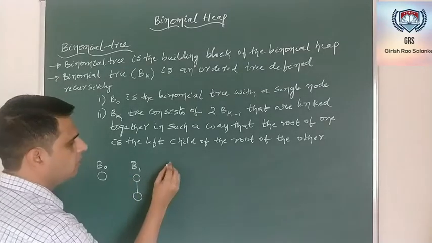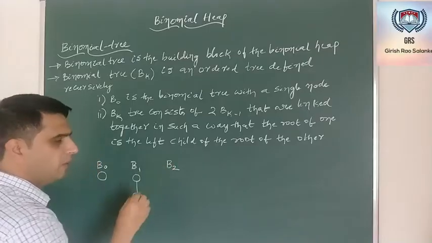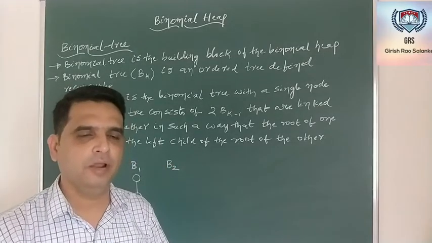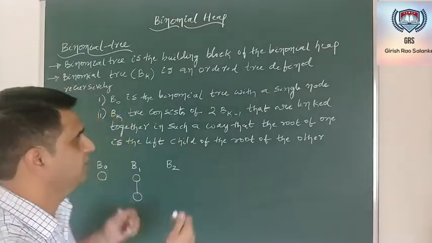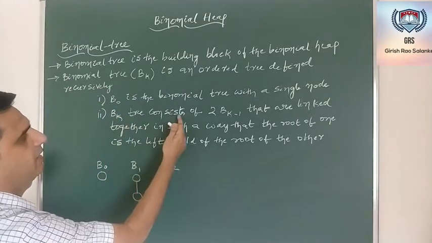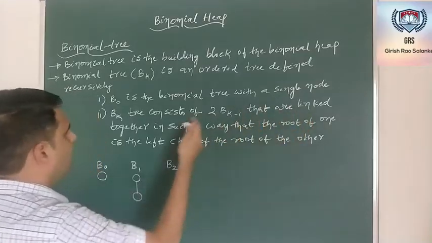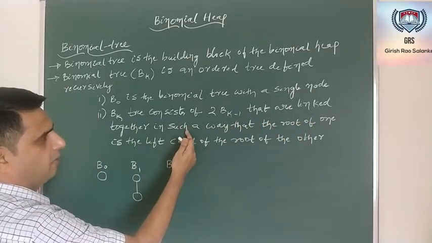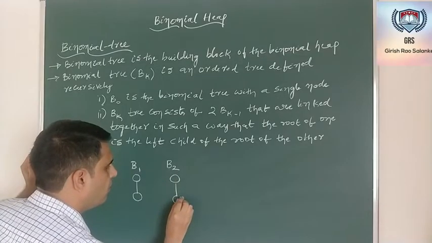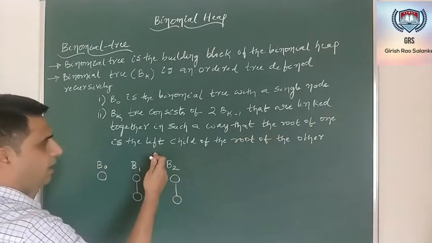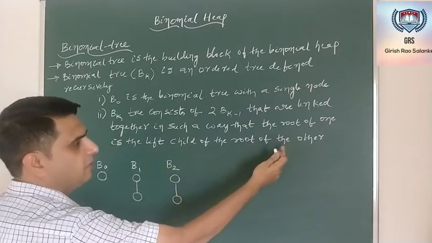Now what is B2? B2 is a binomial tree wherein 2 B1s are merged together. See here, a Bk tree consists of 2 Bk minus 1 that are linked together in such a way that, say for example, this is one B1 and the second B1 should be the left child of the root of the other.